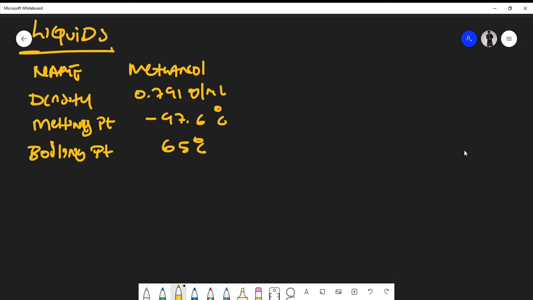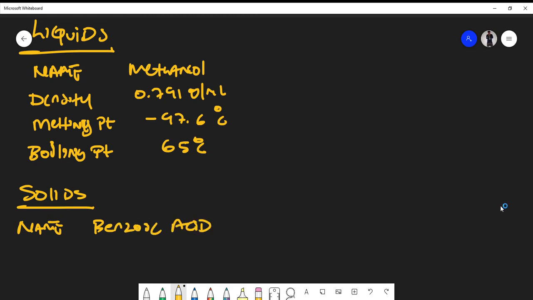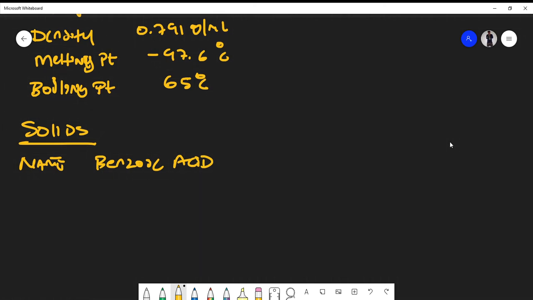An example of a solid may be benzoic acid. And you must know the density, right?